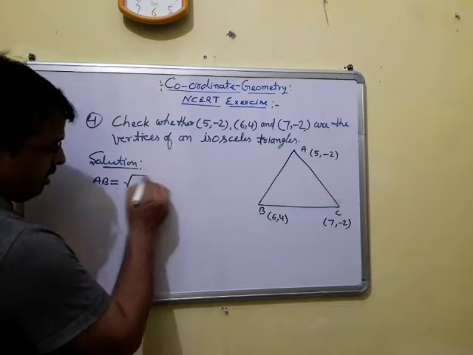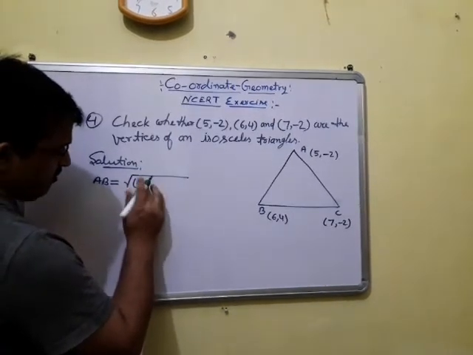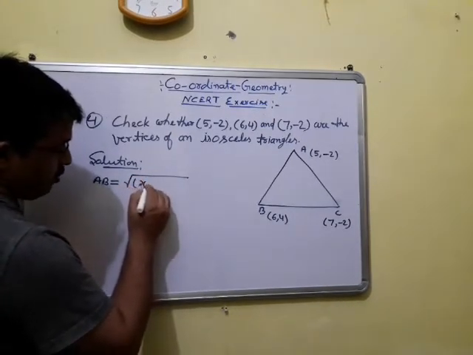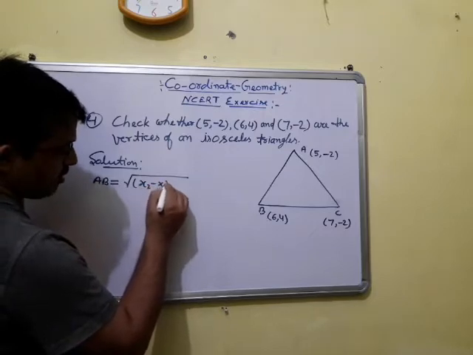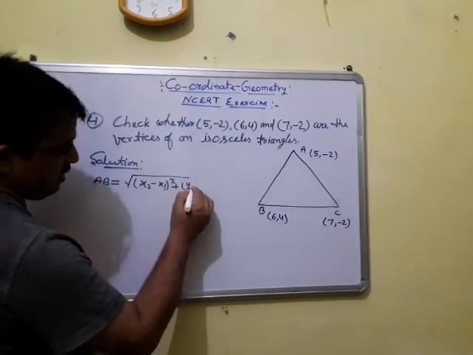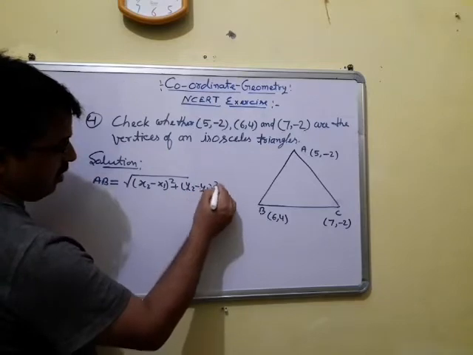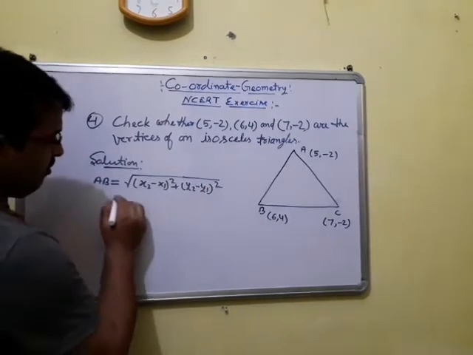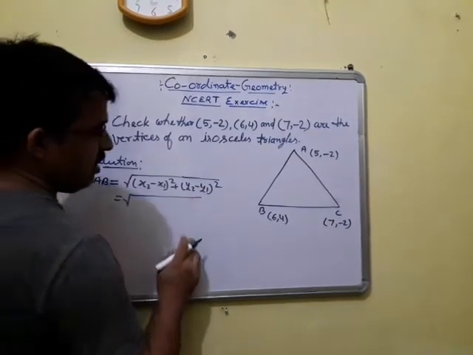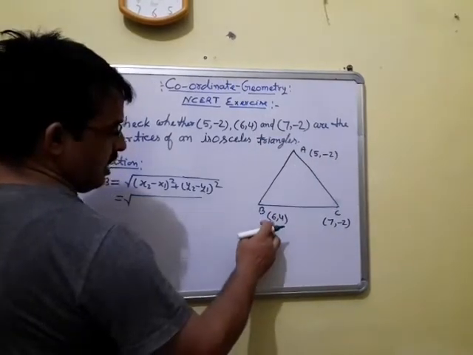So now, x2 minus x1 whole square plus y2 minus y1 whole square. Look here, this one is x1 and this one is x2.